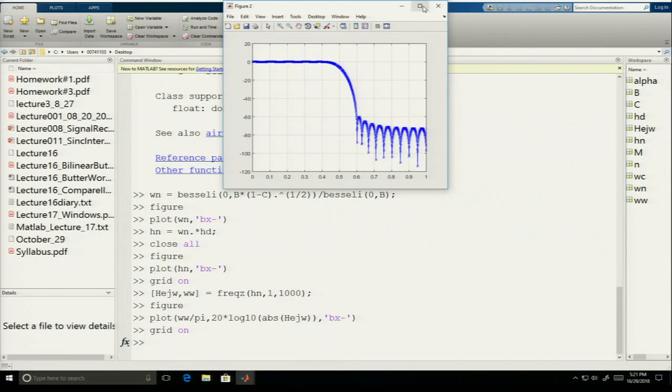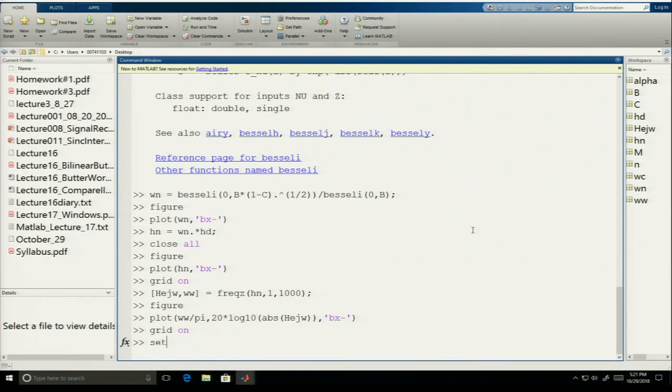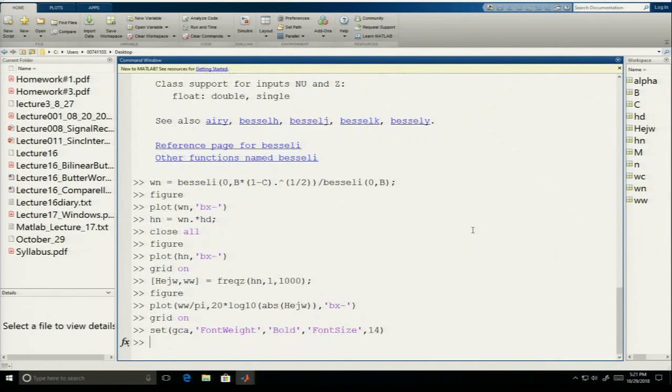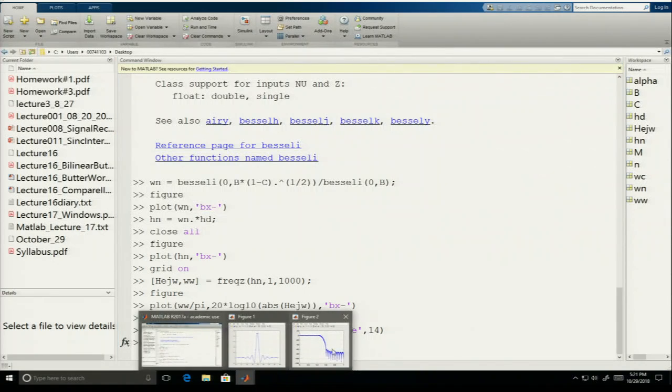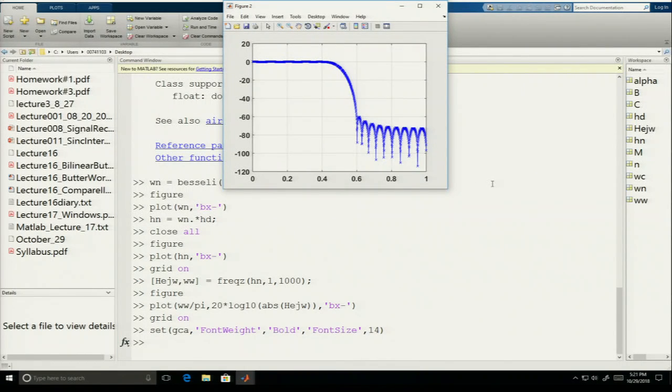So let's take a look at this and see if it makes sense. I'll make it a little bit larger in case it's hard to see. Might be a little bit better.